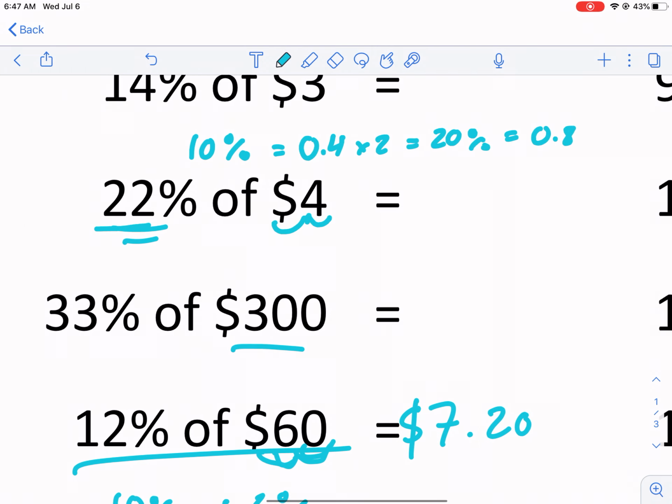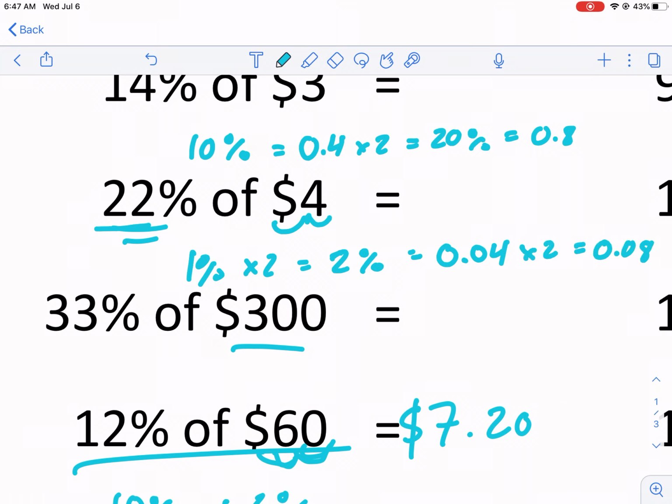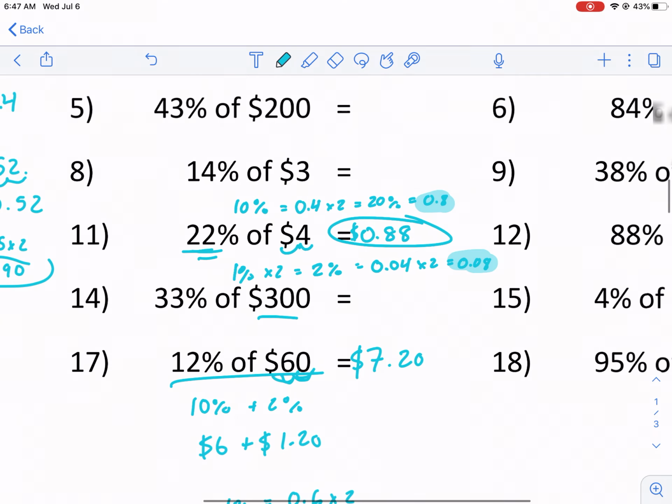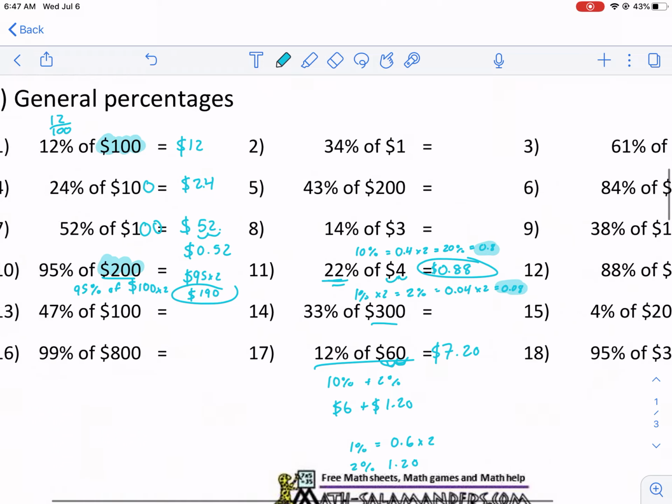And then I have to move it over another one for 1% because I want to multiply by 2 to get 2%. Okay, so I know that 1% is 0.04. I multiply that by 2, and that gives me 8 cents. Add these two values together, 8 cents plus 80 cents, and that gives me, you guessed it, 88 cents. And that's my answer. Okay, so not too bad.